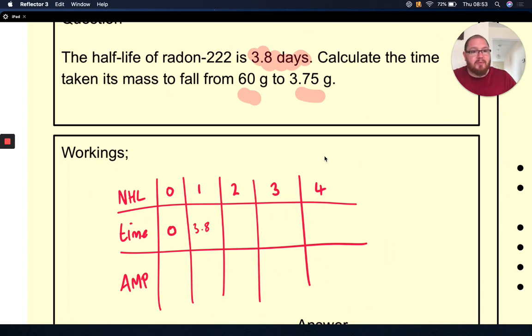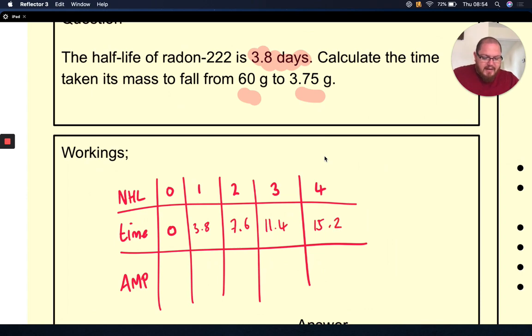So that is going to be 7.6, I think. Yeah, 7.6. Then we need to add another 3.8. So that's going to be 11.4. And then after another 3.8 days, it's going to be 15.2.